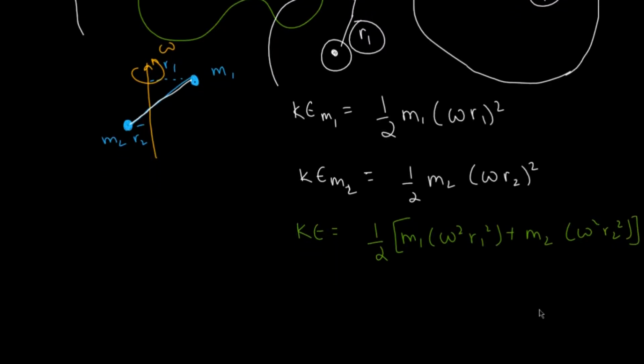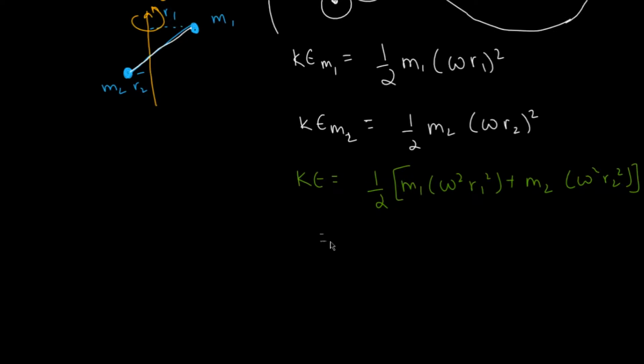Take omega squared common in this. This would get you half omega squared times m1 r1 squared plus m2 r2 squared. And there you go. So if you know the masses, if you know the perpendicular distances, you can always find the kinetic energy of a rotating body.